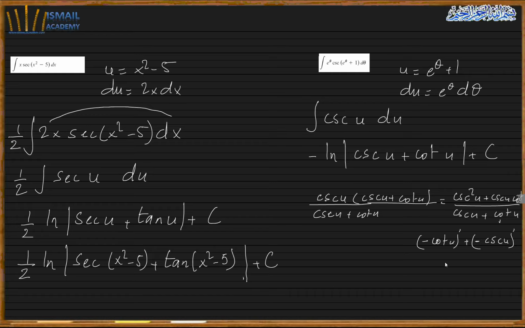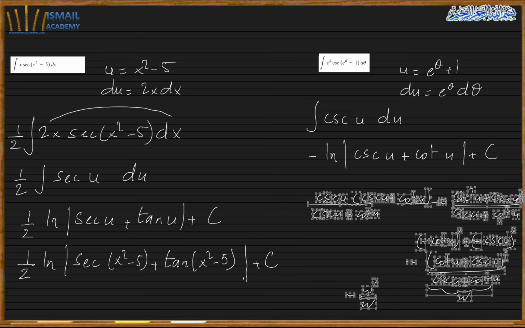So if I put out the minus, look what I will have. I will have minus, and I will have cotangent u plus cosecant u prime over cosecant u plus cotangent u. As you see here, if this is my w, so I will have minus w prime over w, and this is ln. So that's the idea we use to integrate that type of expression. So that's the idea behind.